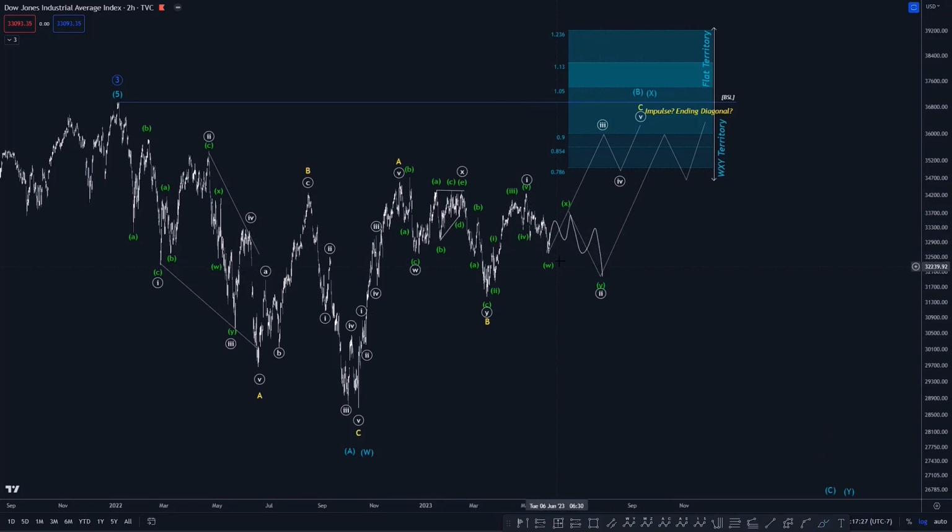So it's getting a little tricky right here with the Dow, but I can see basically two ways up right here. If we actually take this route and push up, this could give us the strength to push up here like this into the flat territory.